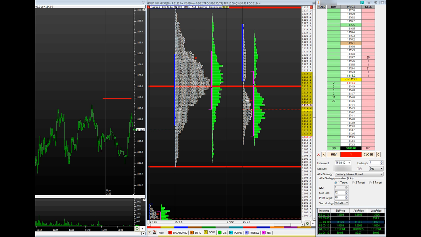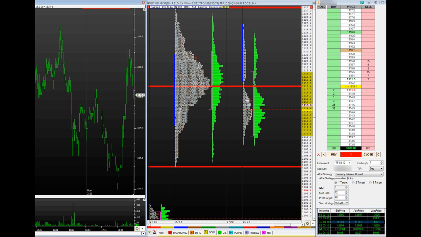Okay, this is the first step we really want to see in one of these trades. Let's go to a 1-minute chart. First thing you want to see is we made a trade in a smaller degree balance area. You want this one to break, and you want it to drop quickly out of it, which it seems to be doing.